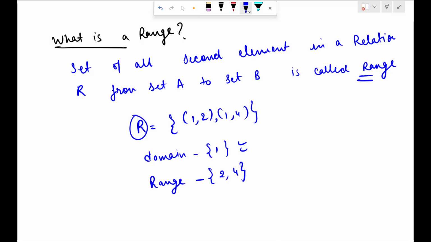Whenever we define a relation, the first element is the domain, and we have a common element 1, so we write it only once. So the domain is 1 and the range is the set of all the second elements in the ordered pairs. So 2 and 4 are the only second elements in the ordered pairs, so {2, 4} is the range of the given relation.